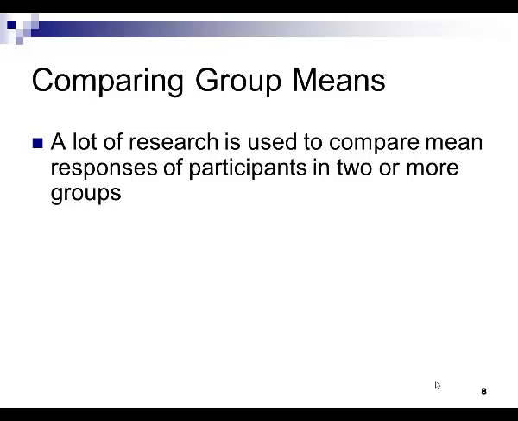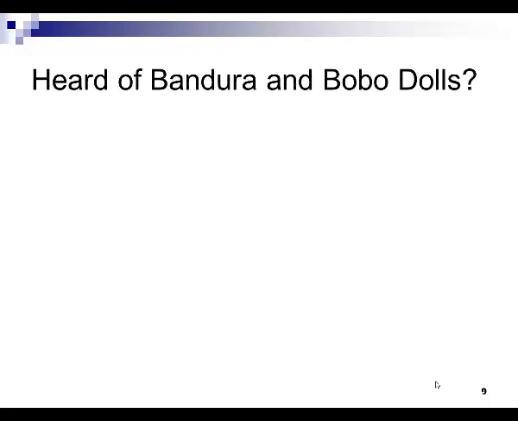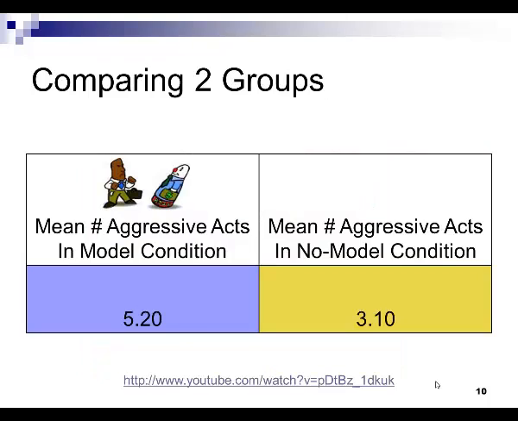And then finally, there's comparing group means, and a lot of research is used to compare mean responses of participants in two or more groups. So, for example, in an experiment on exposure to aggressive adults, children in one group might observe an adult model behaving aggressively, while children in a control group do not. And this brings back memories of Bandura and the Bobo dolls.